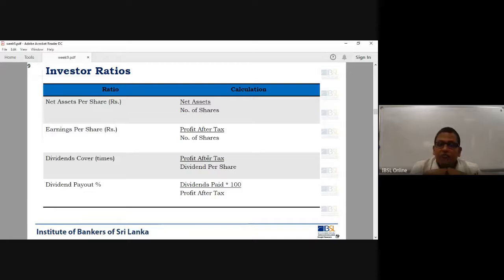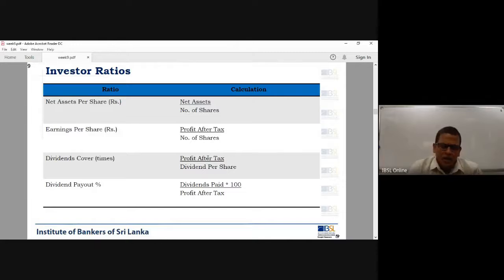And earnings per share: at the bottom of the balance sheet, companies normally mention the earnings per share ratio. Per share, how much value they have earned for a particular year. This is profit after tax divided by the number of shares. That is also a very straightforward calculation.